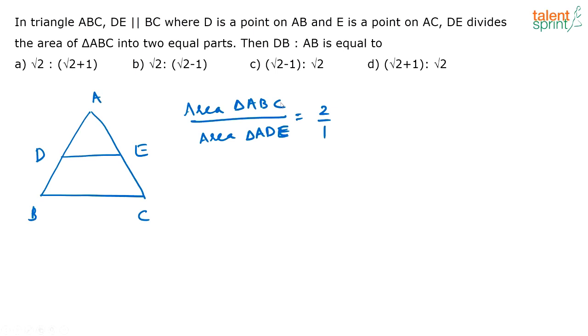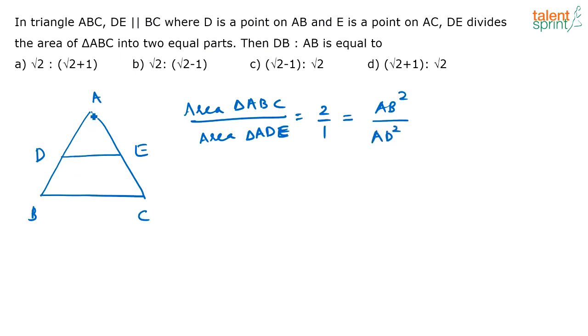Now since triangle ADE and triangle ABC are similar triangles, we know a formula, right. If you have two similar triangles, the ratio of their areas will be equal to the ratio of the squares of their corresponding sides.